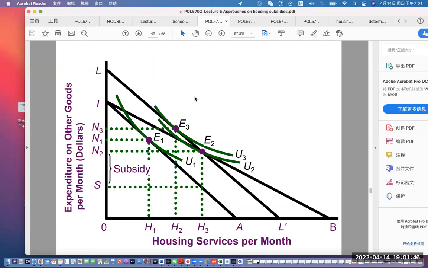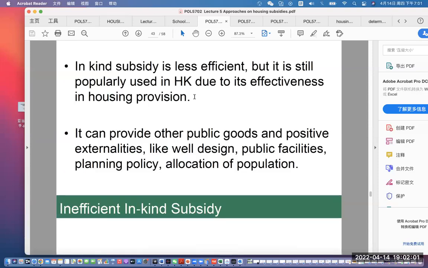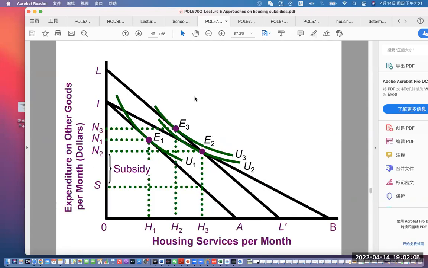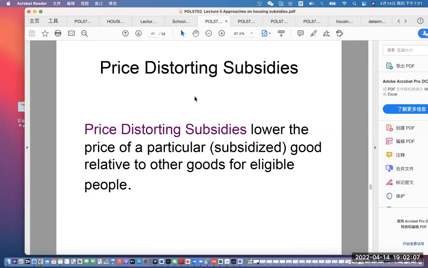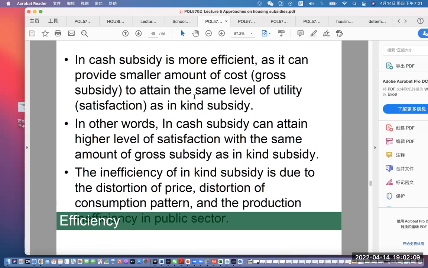And this figure is quite useful to show how you think about the difference in expenditures between the two approaches, which would lead to more efficient or less efficient solutions, right? Why, and why choose it, and what is price distortion, and why does it lead to market failure? Why does it lead to market inefficiency, for example?